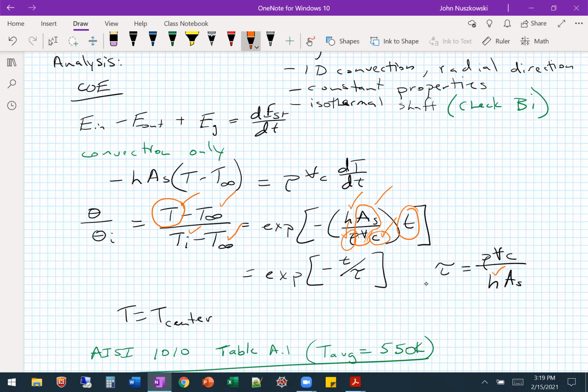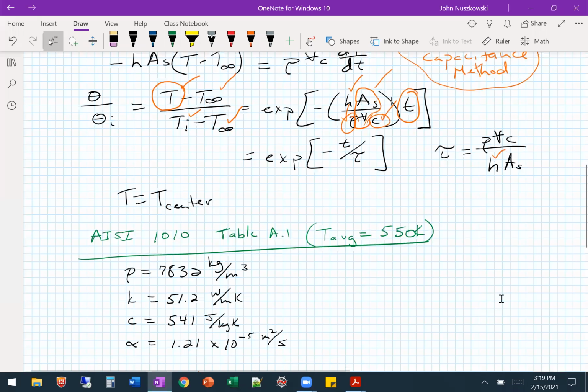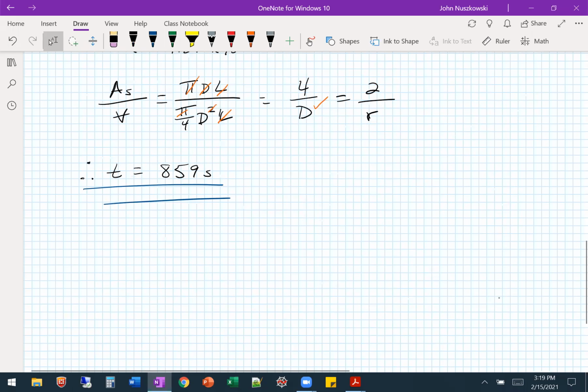And the lump capacitance method basically is assuming an isothermal shaft at any given time, which means we need to check the Biot number because the lump capacitance method is valid only at certain Biot numbers.